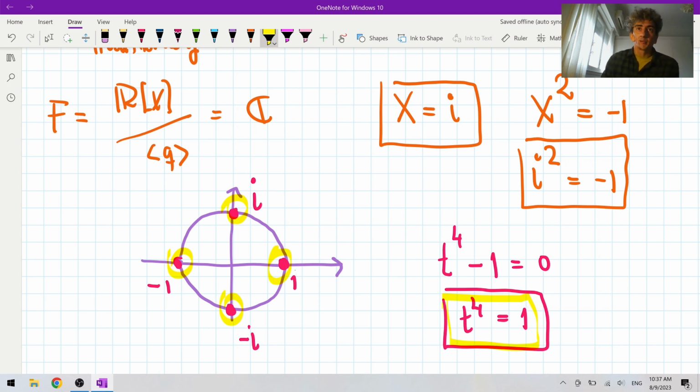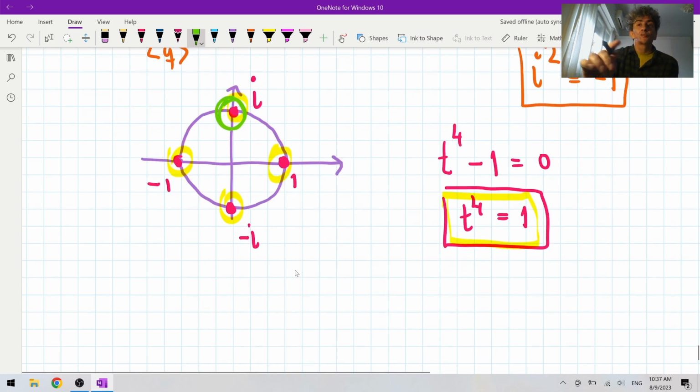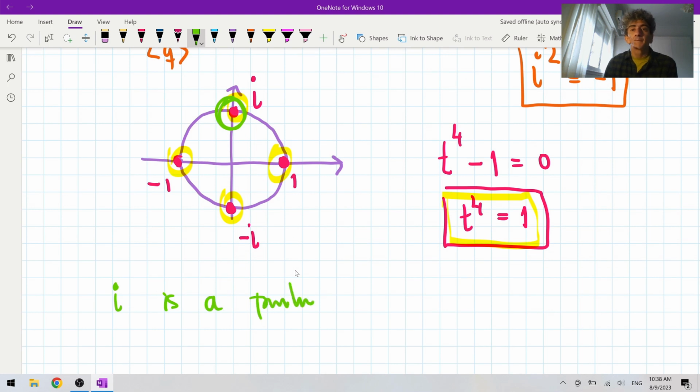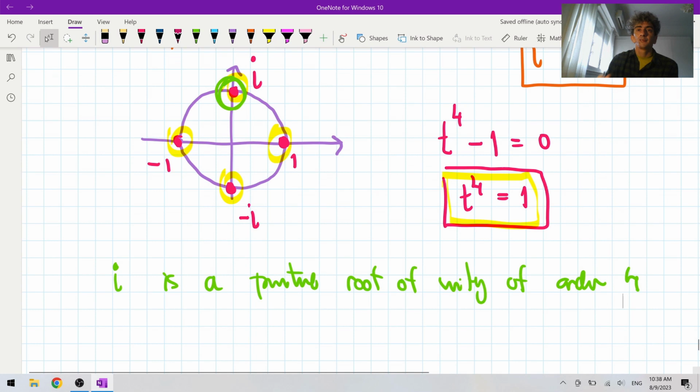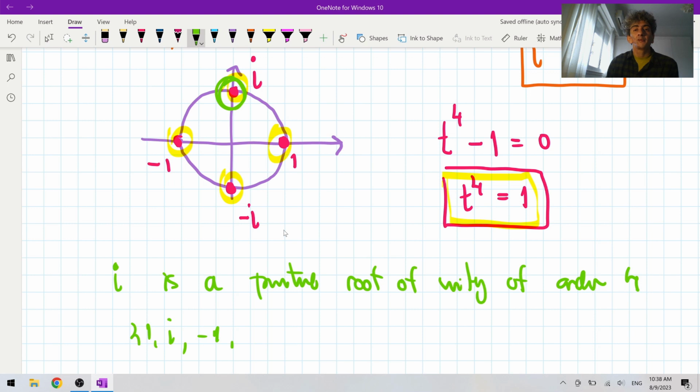Another thing that we have seen is that simply with x we were able to describe all of them. So this is what we call a primitive root of unity. i is a primitive root of unity of order 4. It's able to generate the fourth roots of unity. 1, i, minus 1, minus i is actually this group.